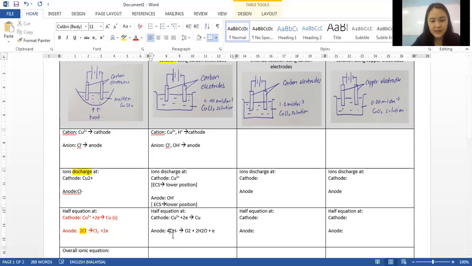In order to balance it, I will put a 4 in front. Do not forget, before any balancing, when you only involve 1 OH minus, you will only donate 1 electron. But due to your balancing, you need to make it 4 OH minus, therefore you will donate 4 electrons. All right, so that's the half equation for it.